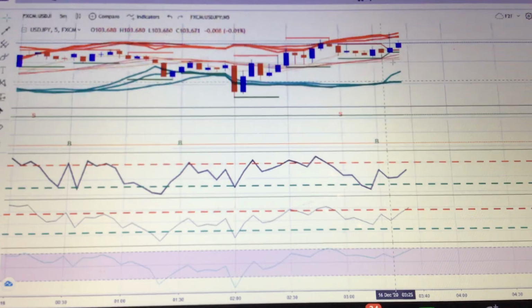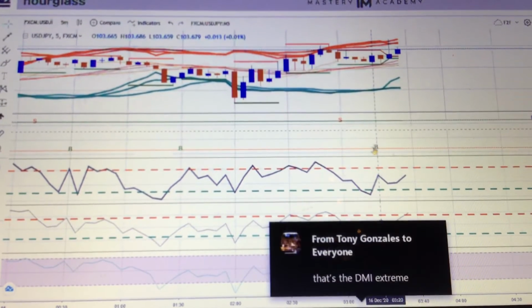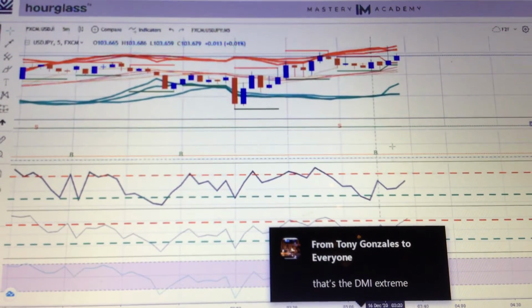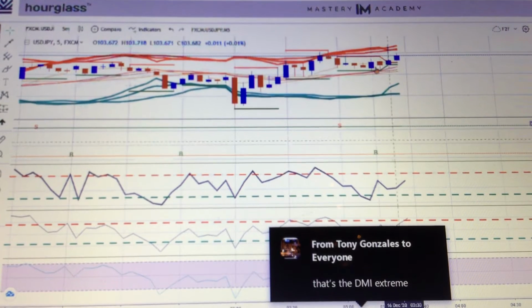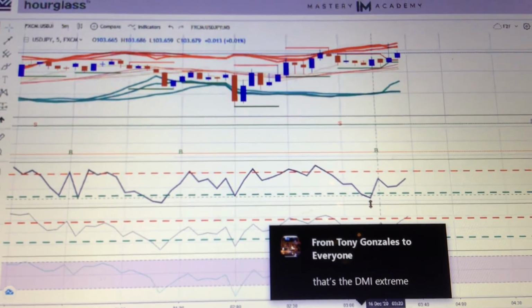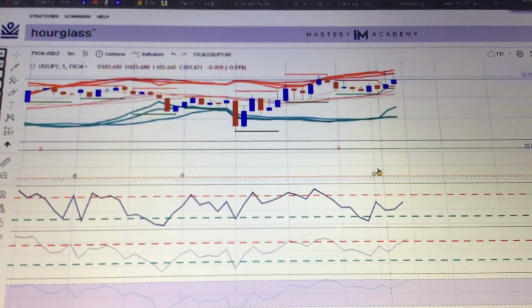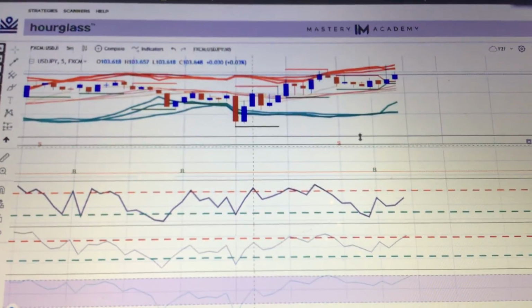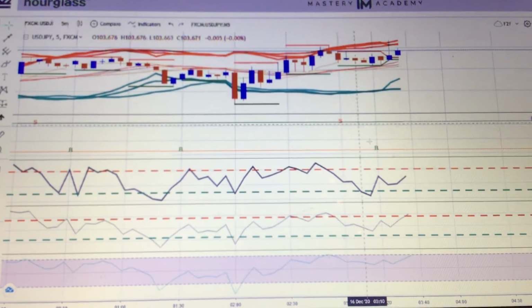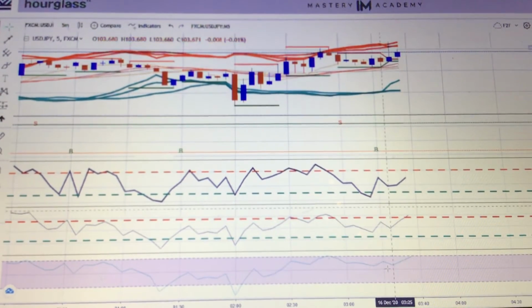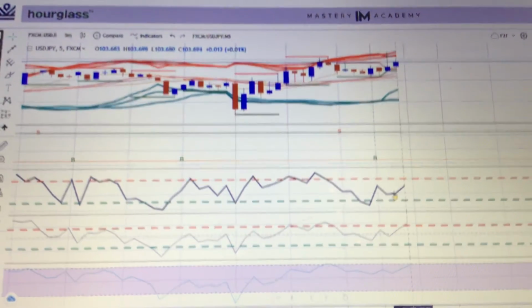I've used this, and I've seen that happen a lot. It's just another confirmation that you did get into the right trade. So a B came in, but I can actually deal without this indicator. I wouldn't need it to get into the trade. These three indicators right here are perfect.